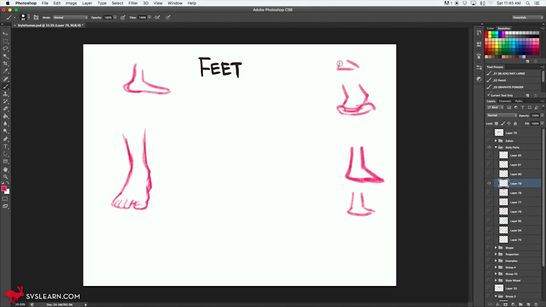Charlie Brown, I can't remember, but I want to say his feet were just these little triangles, right? So where do you fall in your character design and the stylization that you're going to do? Maybe your foot is somewhere in the middle where you don't want all this anatomical detail, but you just need something really simple. Okay?